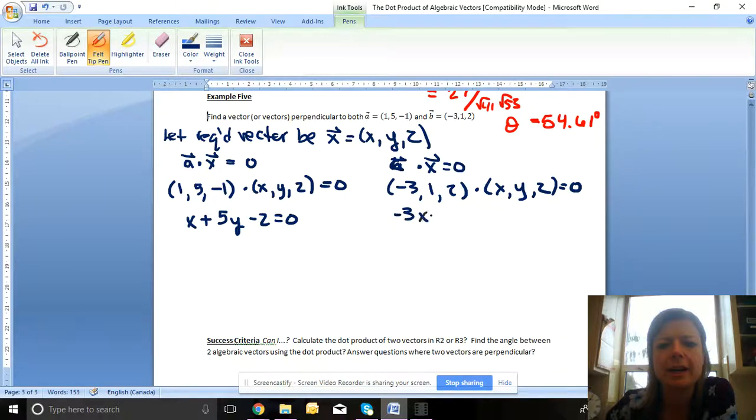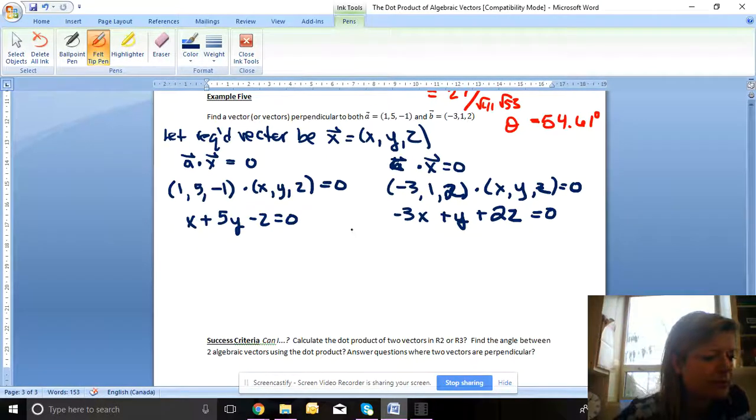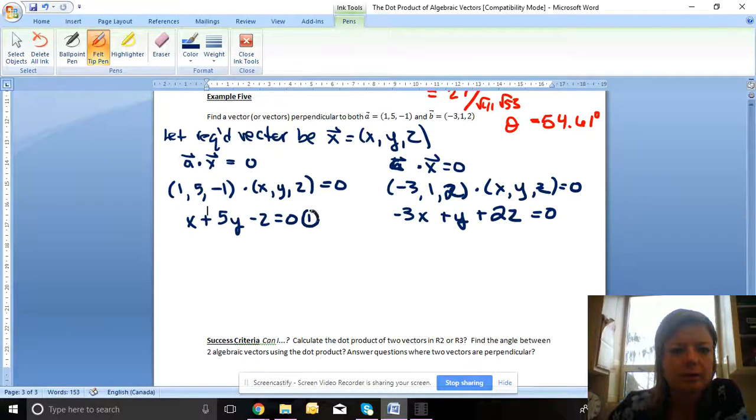So -3x plus y plus 2z equals 0. I realize this 2 and this z look the same. Sorry about that. Okay, so now we have two equations and 3 unknowns. So I'm going to call this equation 1 and this equation 2.